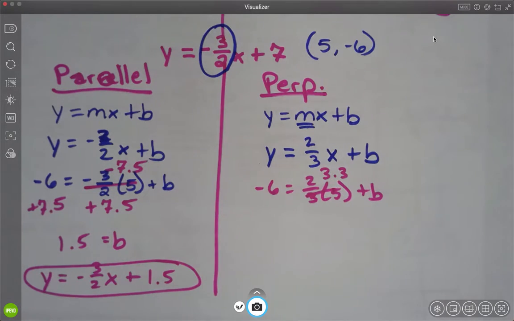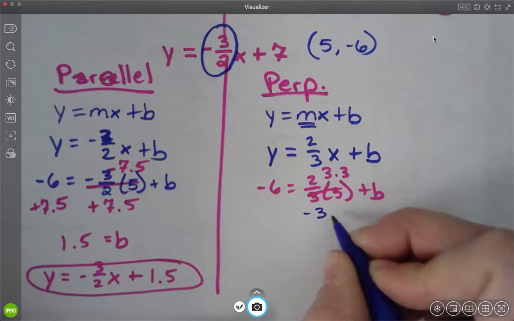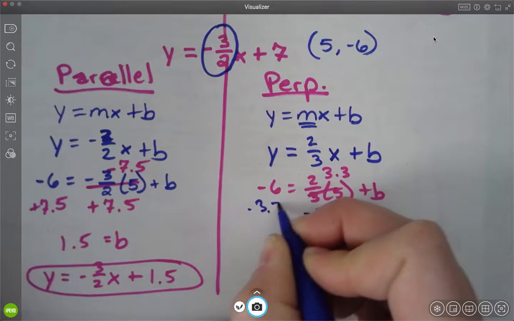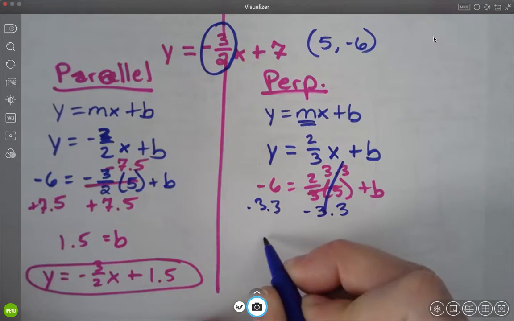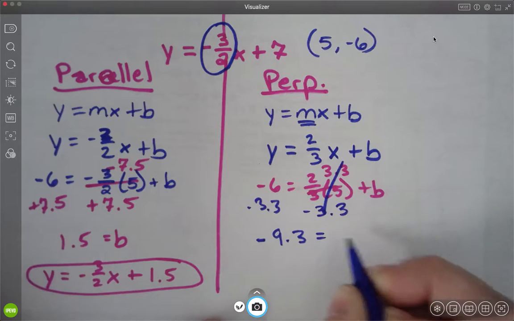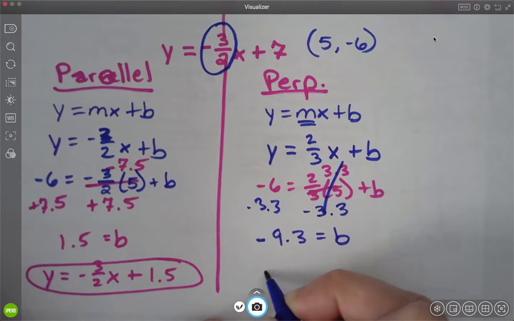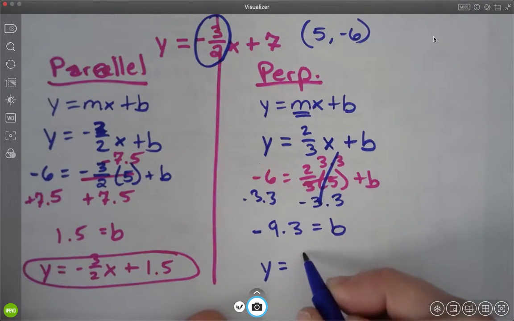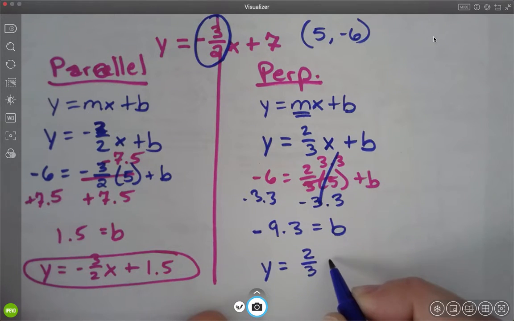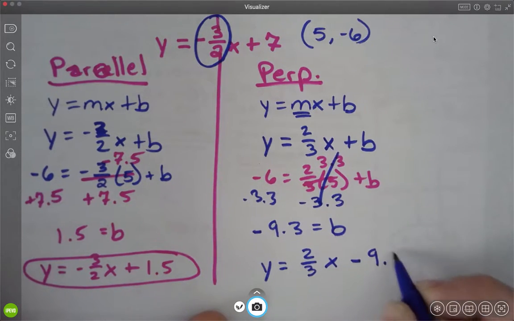I think it's 3.3. 10 over 3, which is 3 and 1/3. Minus 3.3, minus 3.3. Negative 9.3 is b. So y equals 2 over 3x minus 9.3.